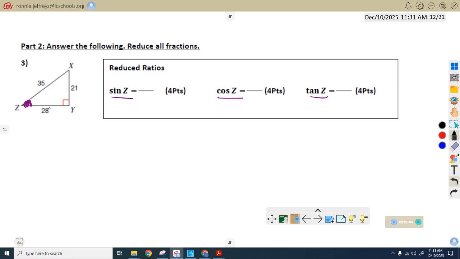Anyways, sine is our opposite, so this would be 21 over 35. Well, this reduces down to 3 over 5. This is our adjacent, which is 28 over 35, 4 over 5. And then 21 over 28, which is 3 over 4.